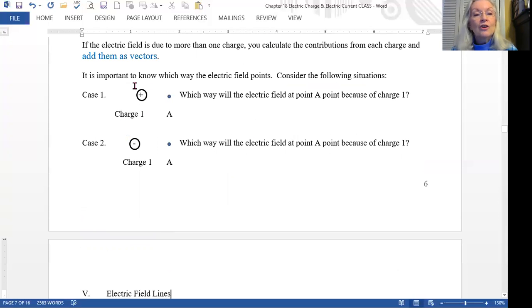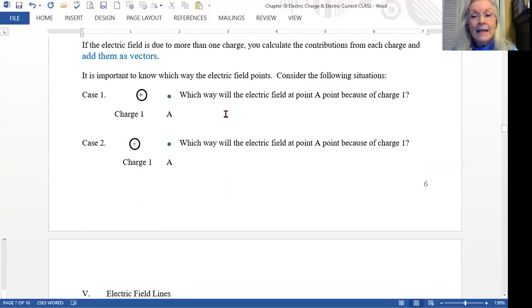So we have a charge and we know it's a positive charge. Right now we don't care how big it is, we just care is it positive or negative. And we want to know which way is the electric field pointing at point A. So here is point A, this blue dot. There's no charge there.